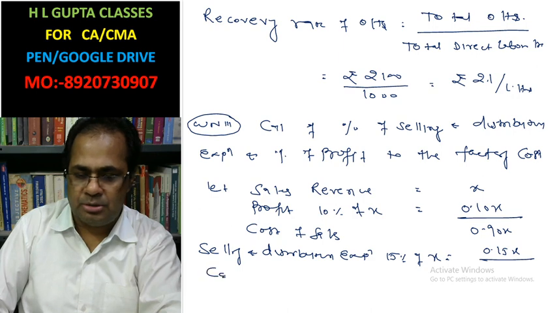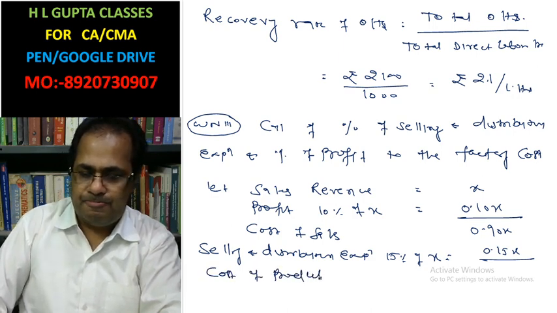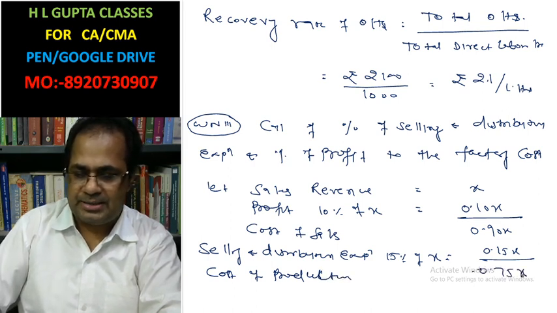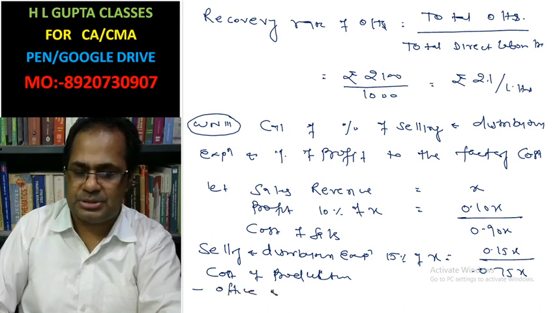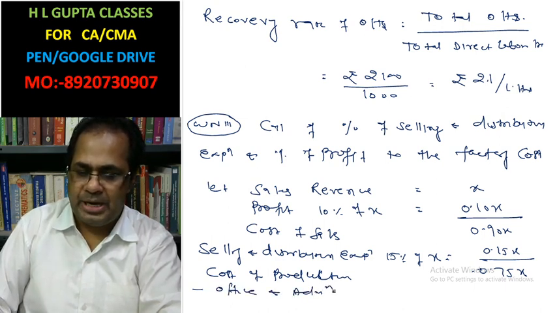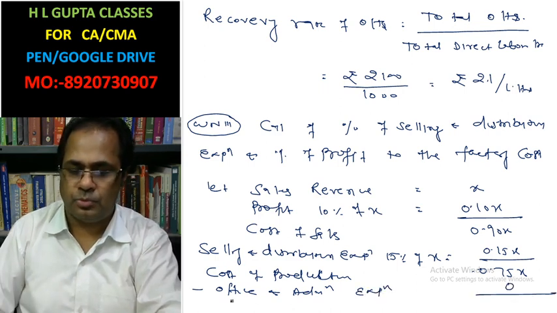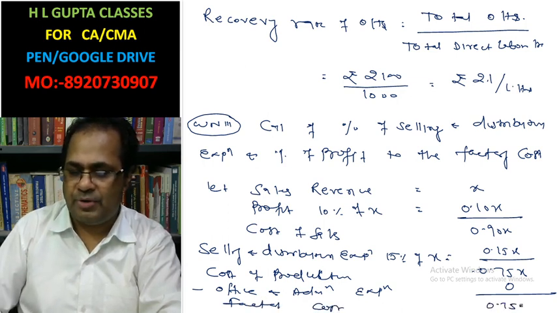Cost of production is 0.75X, less office and administrative expenses. This is given as 0. Factory cost is 0.75X.